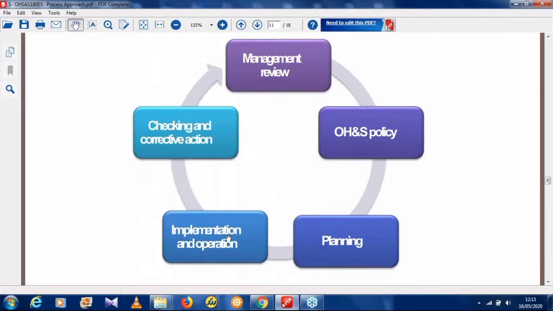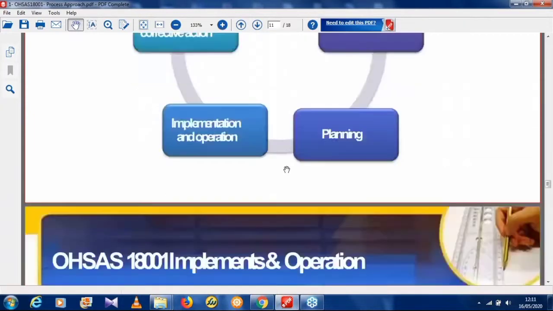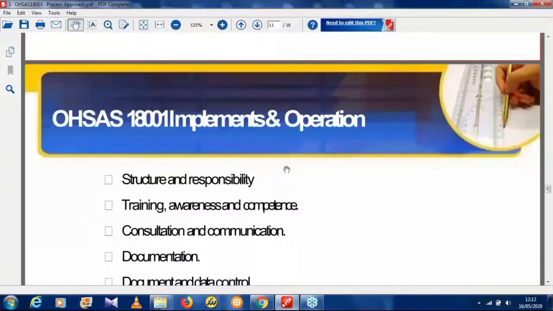There's something we're going to be talking about, I think we've talked about it in the past: the PDCA, talking about the plan, do, check, and act components. I think we discussed that before in a previous class.